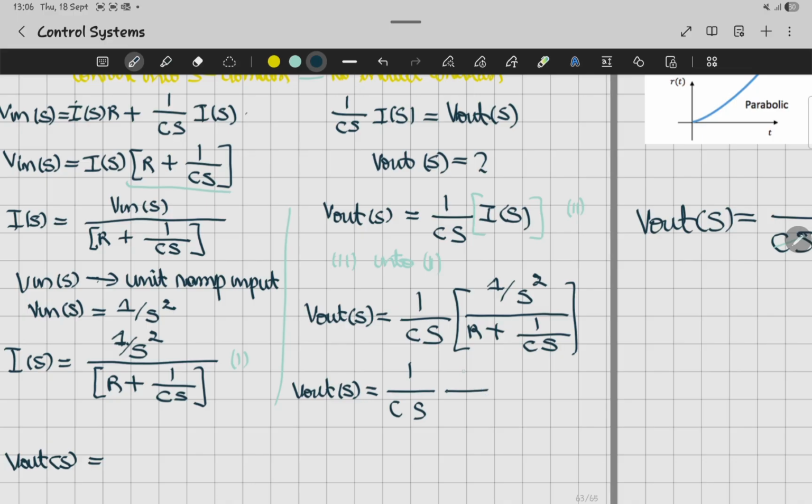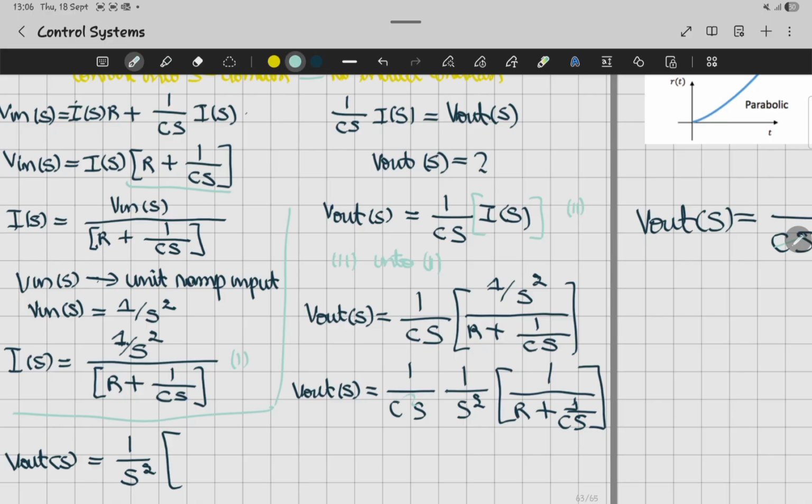And then if you move the numerator down, then we're going to remain with 1 over R plus 1 over CS. Okay, this is what we're going to get. And if I have to write this equation here, it's going to be 1 over S square.